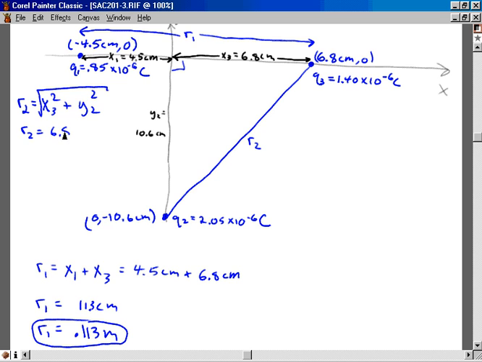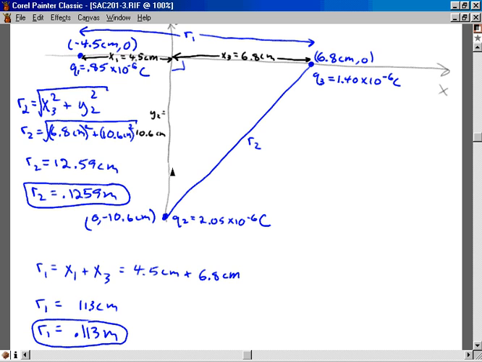So 6.8 centimeters squared plus 10.6 centimeters squared, take the square root of it, and for R2 I get 12.59 centimeters, or 0.1259 meters.